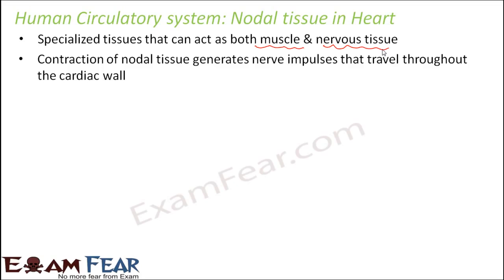These impulses again excite some other cells of the heart and cause contraction somewhere else. So this ability of nodal tissue to generate nerve impulses plays a vital role in the process of circulation, or in the functioning of the heart.